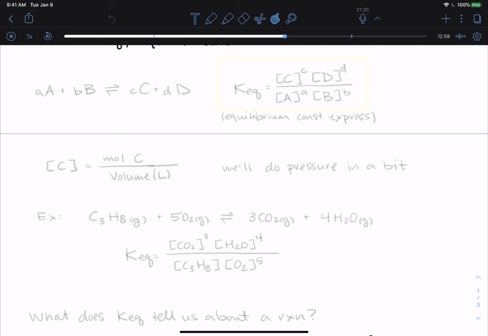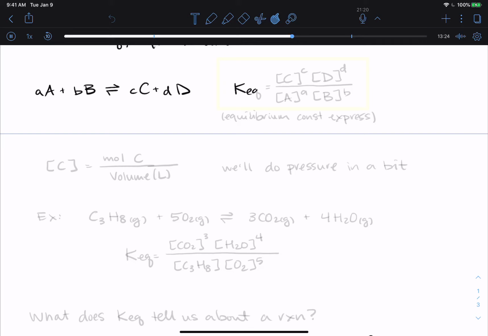So it's a ratio of products over reactants. Now, for a specific reaction, and we use this generic one of A plus B, where the lowercase letters are the coefficients and the capital letters are the chemicals. In equilibrium, the products are C and D.